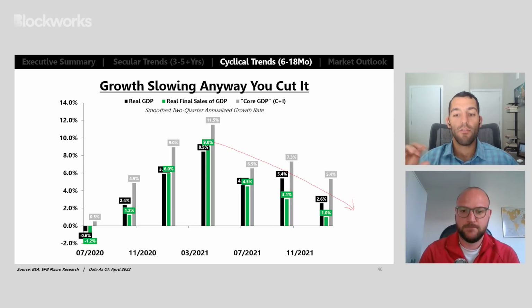And I like to look at things on a 6-month growth rate, so a 2-quarter growth rate, essentially. Real final sales have slowed to 1% as of this morning's report, as of Q1. So the trend level of real economic growth is only about 1% in real terms, despite what people think. That's dangerously close to zero, right?